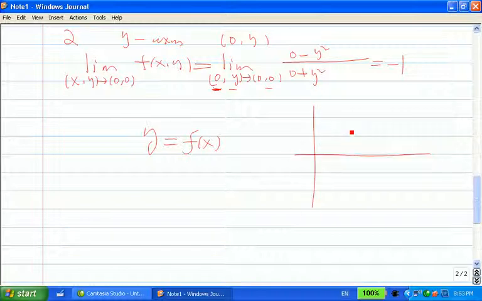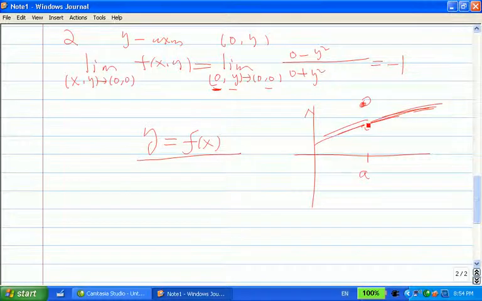First of all, remember this graph is a curve. Say here's a. I have a curve here.